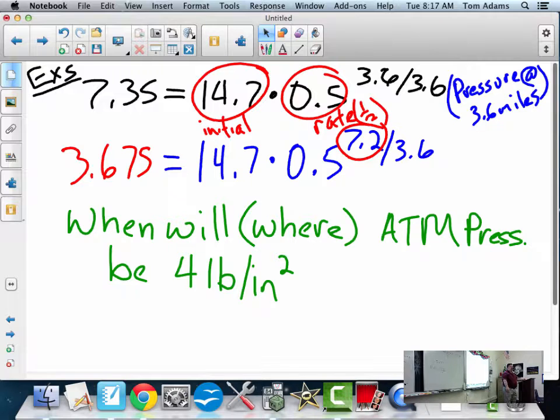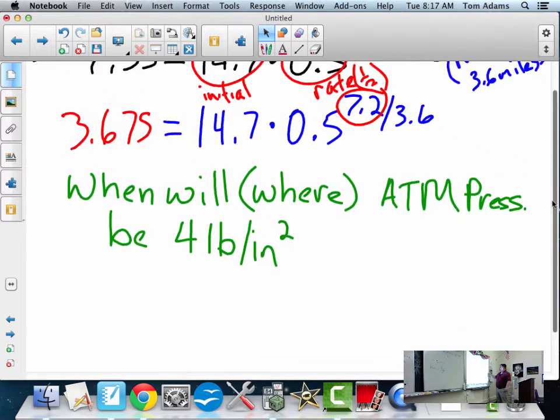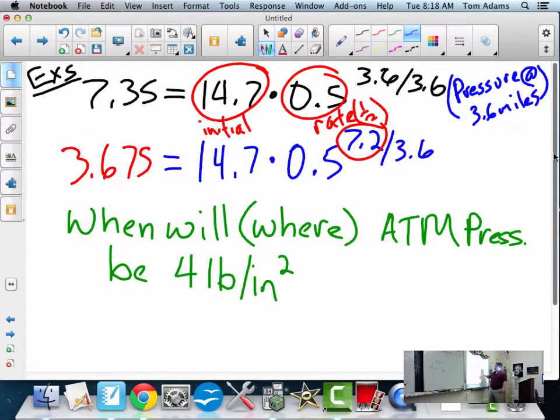So this model, the initial condition at sea level, let's just start listing the information we know and then we'll go from there. This information means that at sea level, the initial condition, when t equals 0, the pressure is 14.7 pounds per square inch.